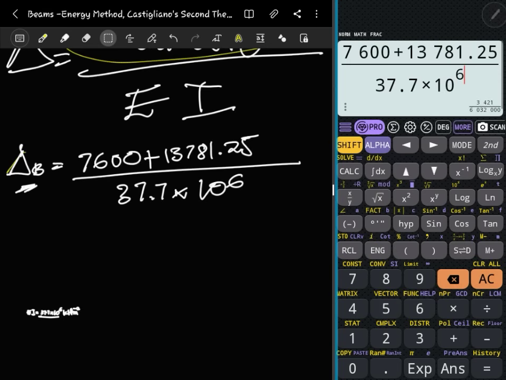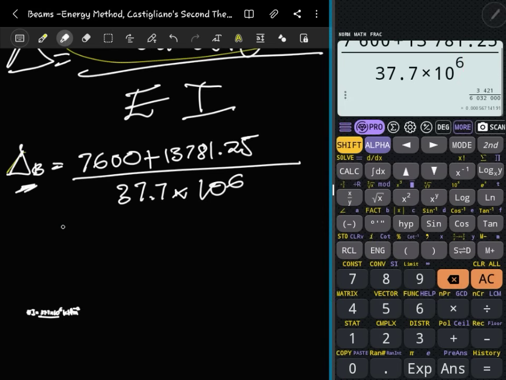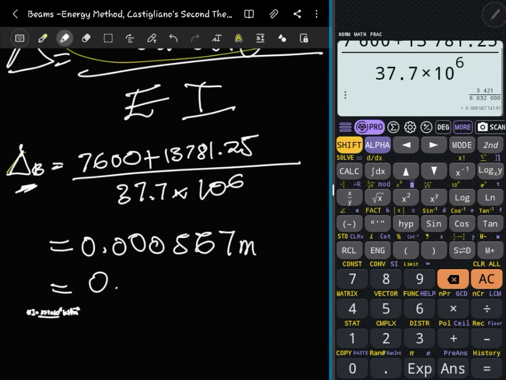Let's see. And remember, because we were doing everything in meters, whatever it is that you get will be in meters, right? So that's about 0.000567, and this will be in meters. In millimeters, it's about 0.567 millimeters, right?